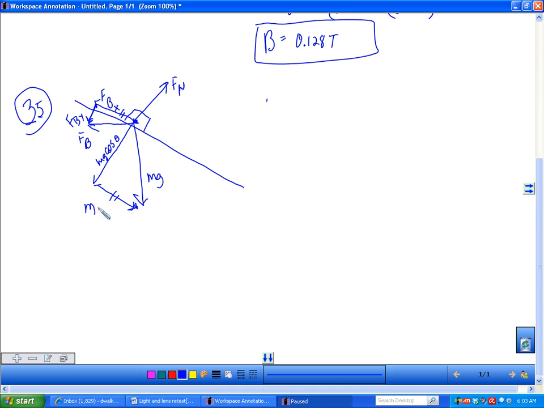I'm going to call this mg sine theta. This angle right here would also be a theta, and you can go through the geometry to prove that.